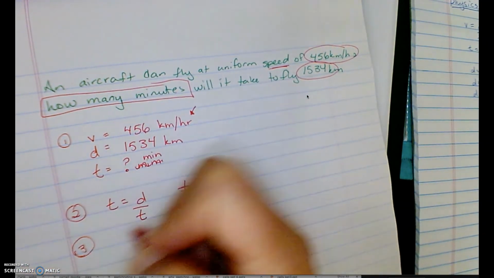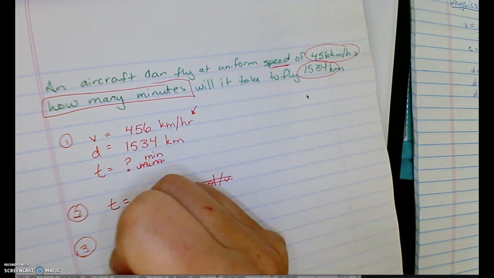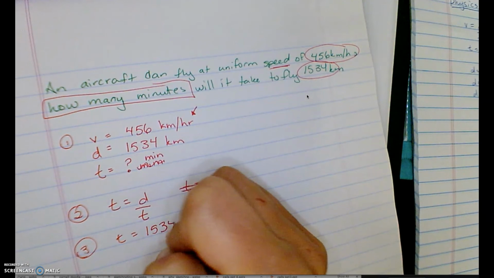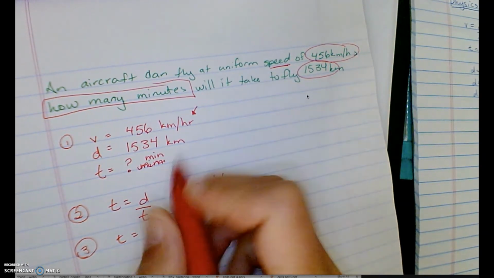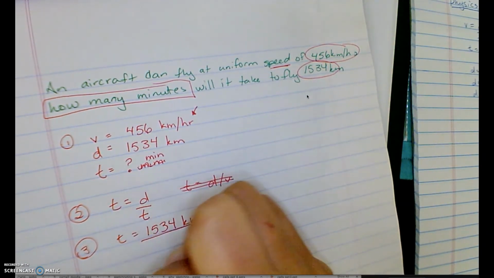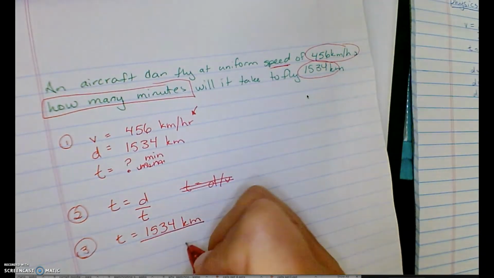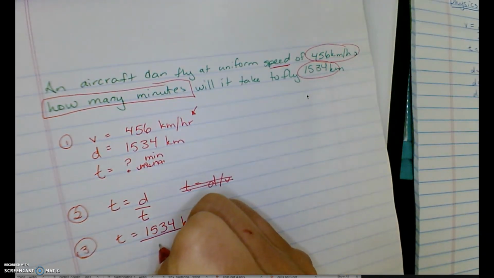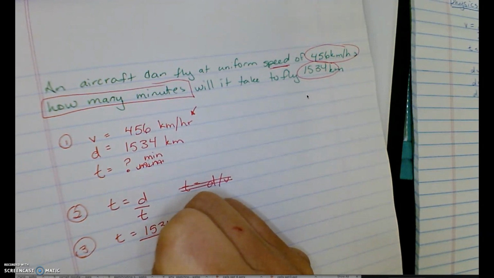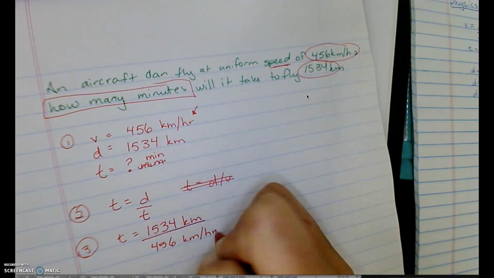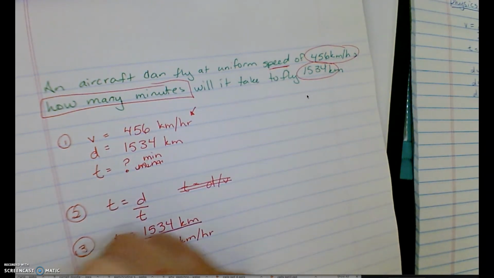Step 3, plug in your numbers. So T is D divided by, and I even had a friend who used a ruler every time. Didn't she do a nice job? Distance over 456 kilometers per hour. Now you ask the calculator what the answer is.